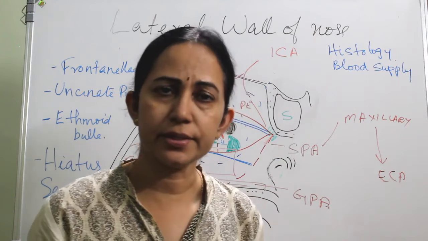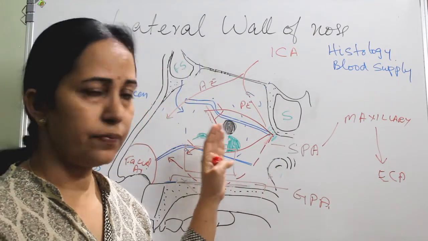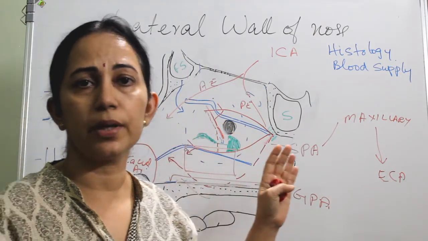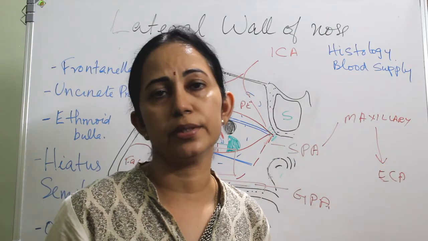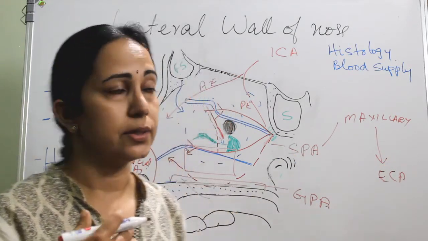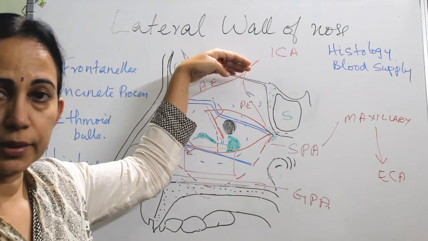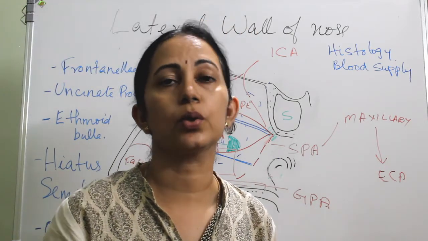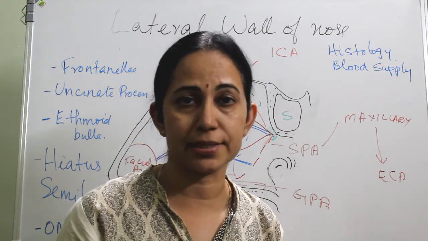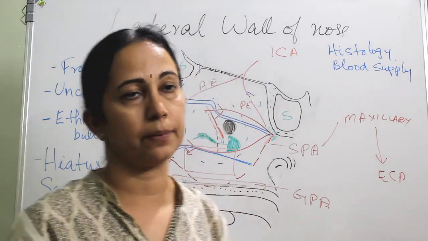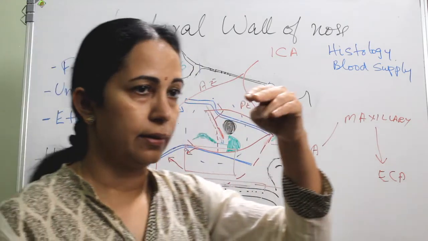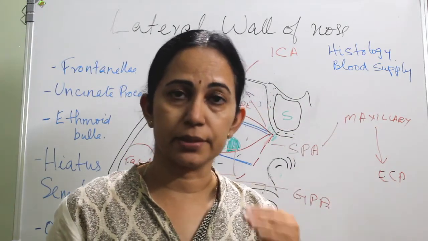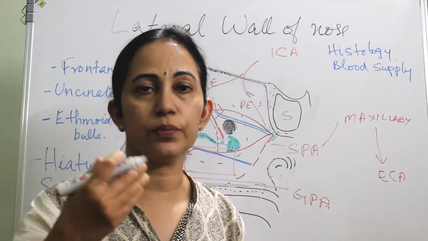Regarding the veins, from the facial and ophthalmic veins it drains into the sphenopalatine veins, and from the superior part it goes through the ethmoid veins to the veins of the dura and also anastomoses with the superior sagittal sinus through the foramen cecum. I said anterior to the cribriform plate there is the foramen cecum.